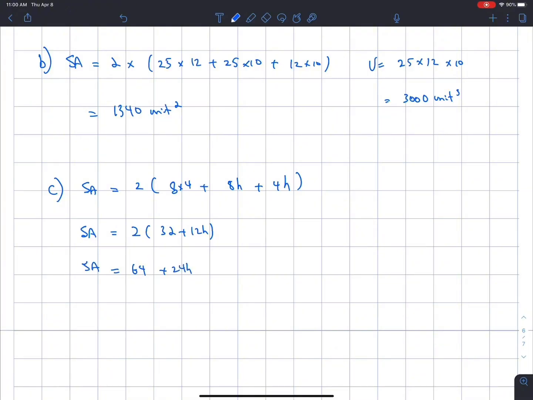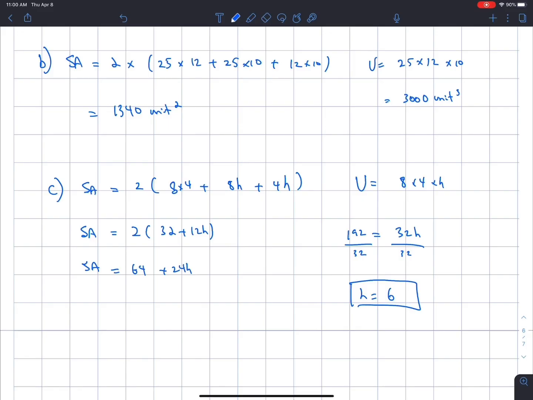So I'm going to stop here for now. I'm going to go to volume first. Volume will just be length times width times h. So we get 32h, and we were told that volume is 192. So now I can divide both sides by 32 to get h equals 6.